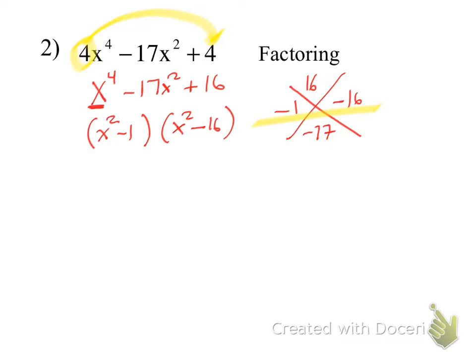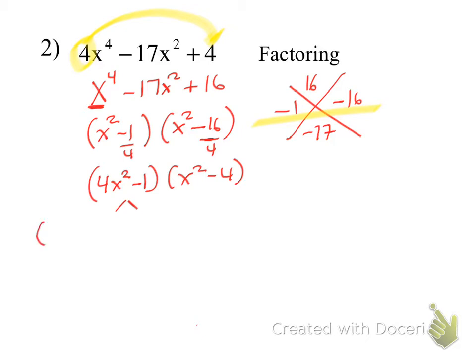Okay. Now, what's that last step that we remember? Divide by the what? 4. Divide by 4. The first term is going to be what? 4x squared minus 1 times x squared minus 4. Now, am I done? Nope. Why? Because we're left with a difference of squares.